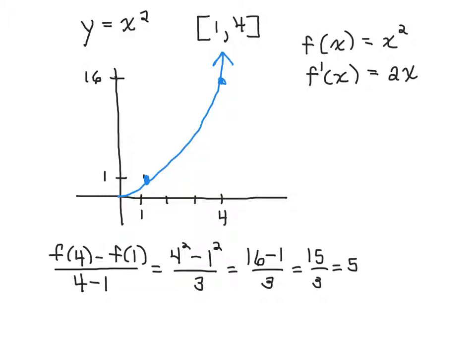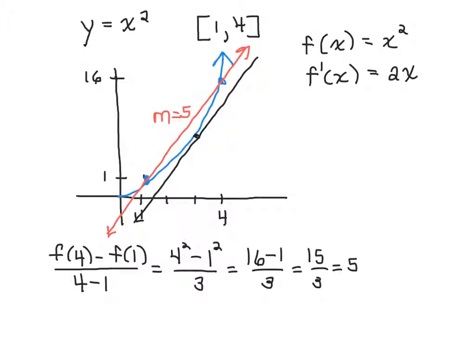In fact, what that means is that if this is our secant line, the slope of the secant line is 5. So we want to find another line such that it's parallel. So imagine that this actually touches.